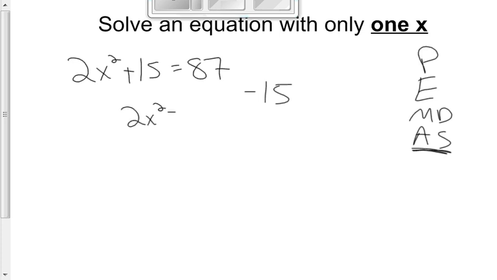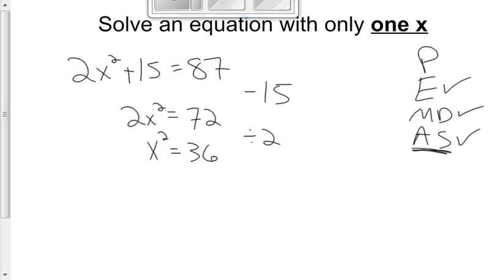So now our equation simplifies to 2x squared equals 72. Now we look to see if there's any multiplication or division, which there is. There's this times 2. So we're going to divide both sides by 2, which will simplify then to x squared equals 36. Then we can undo the exponent.